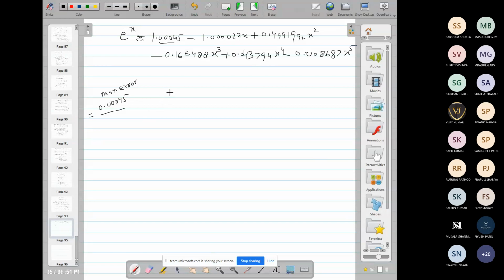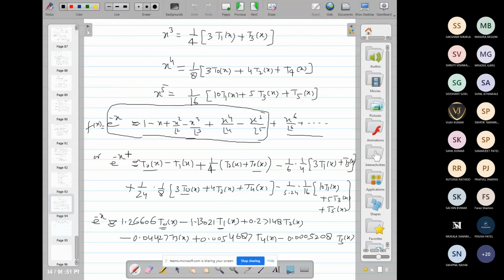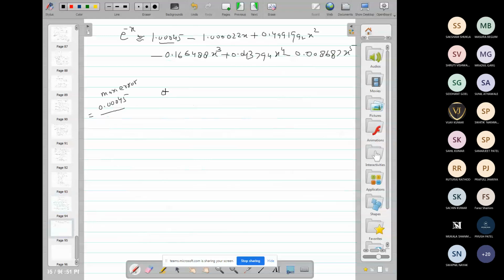And in case of Taylor series, what will be the maximum error? If we consider only this, the maximum error will be 1 upon factorial 6. What will its value be? In that case the maximum error will be 0.014. You can calculate 1 upon factorial 6.